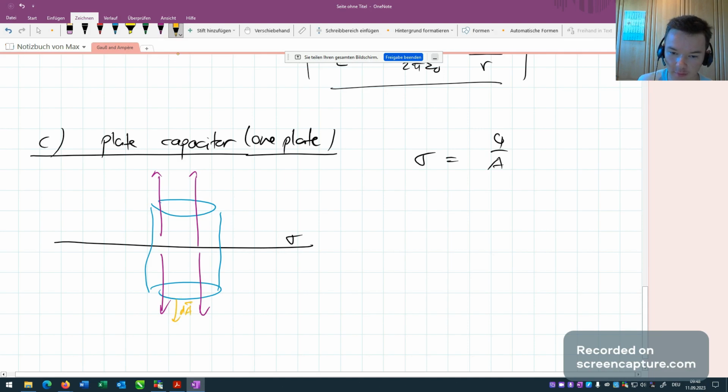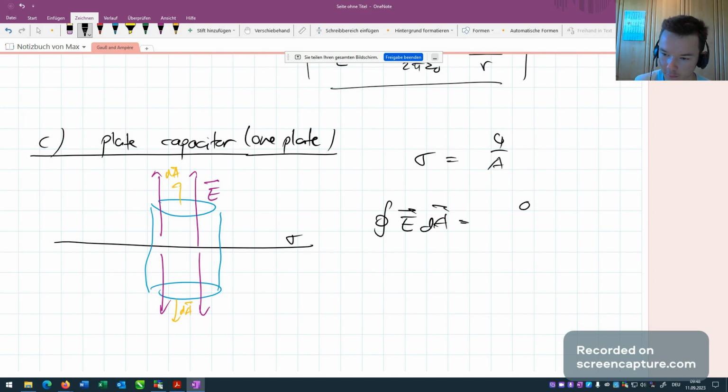So dA and the field are parallel again, which means I can write down my Gauss law, so E dA equals Q divided by epsilon 0. And again, I can pull this E out without the vector times integral dA equals, well, what is Q?